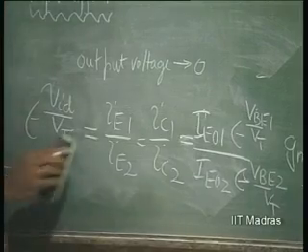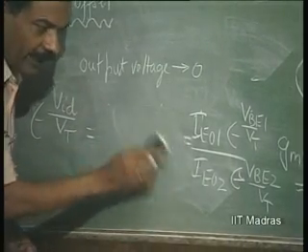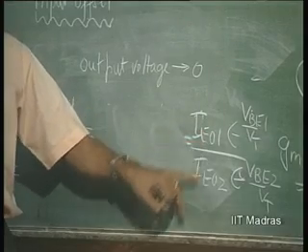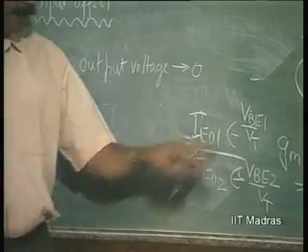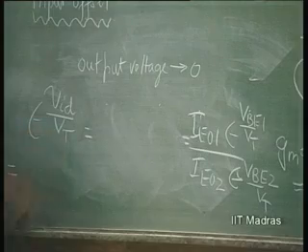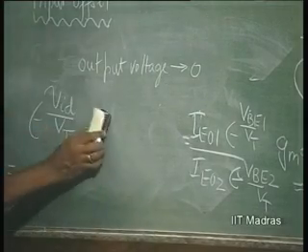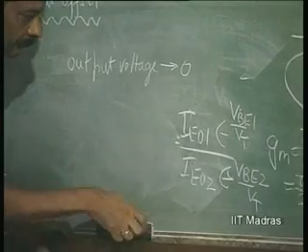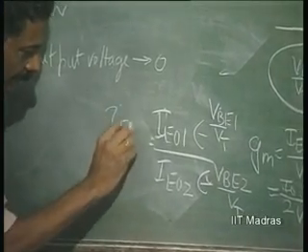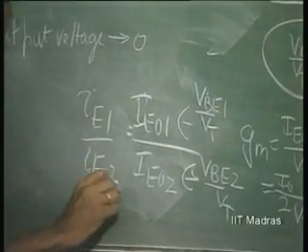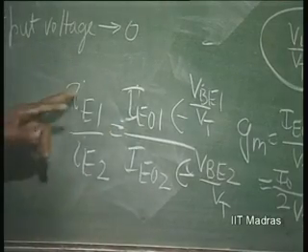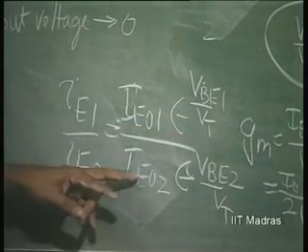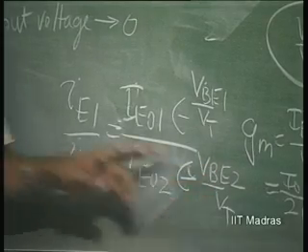Is this clear? Strictly speaking, when the IE0s were matched, this was becoming equal to exponent VID by VT, which was equal to IE1 by IE2. IE1 was IE01 exponent VBE1 by VT, and IE2 is equal to IE02 exponent VBE2 by VT.